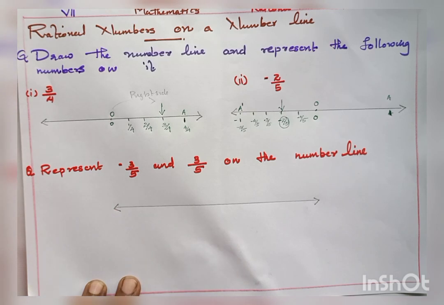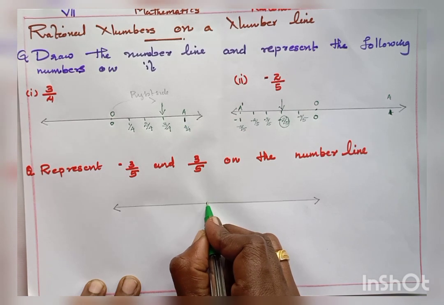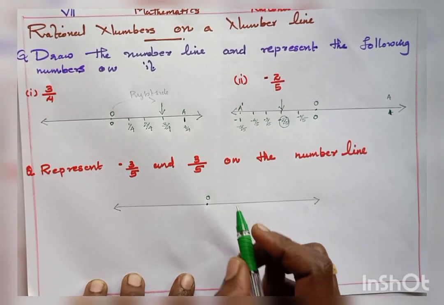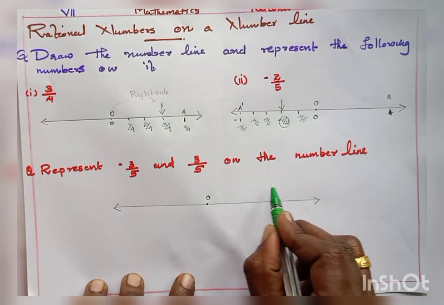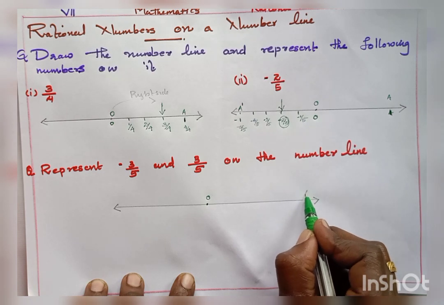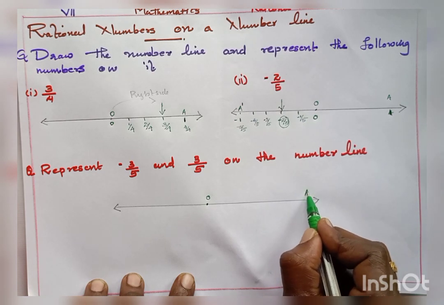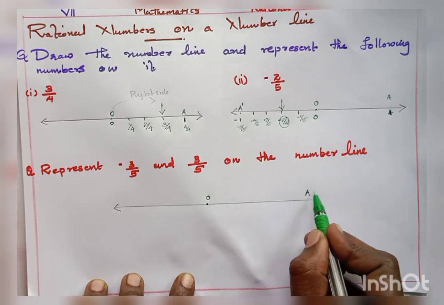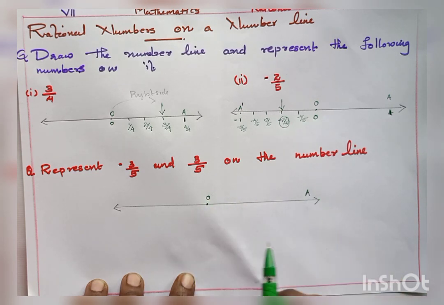Then take a point O. On the right side of O, take another point A. This means O to A is 1 unit distance.